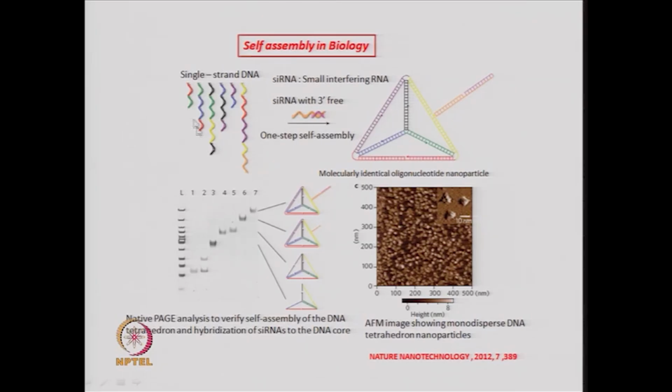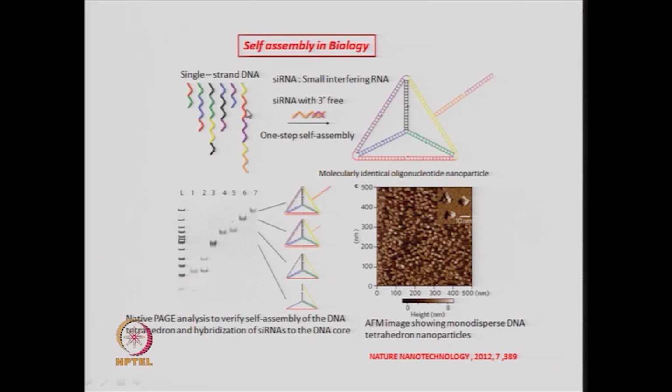What has been done is that you mix some of these, heat it and then cool it, and basically it will try to form a double helix, but in the presence of this small interfering RNA, which has the 3' position free, like in the DNA sugar you have the 3' and the 5' positions. The 3' position, if it is free, can bind to the 5' position of the strand with which it is going to combine.